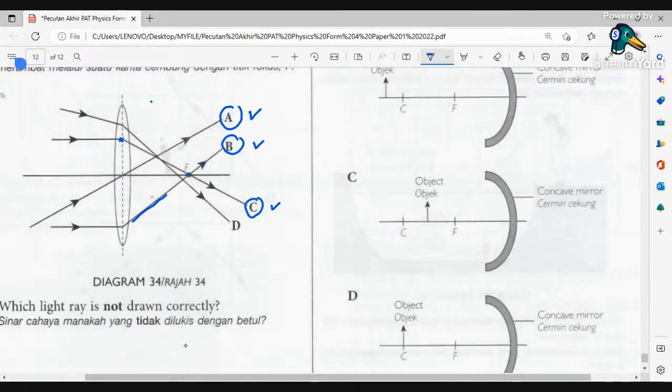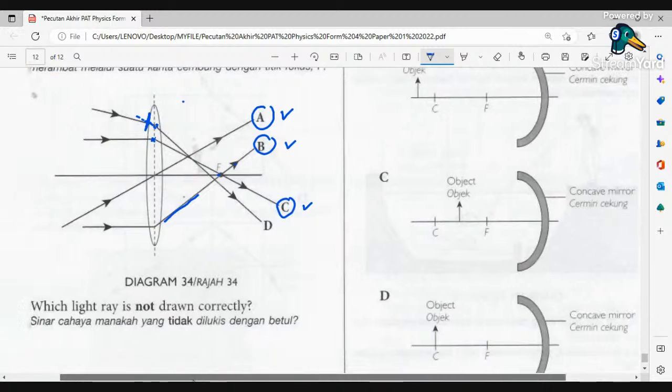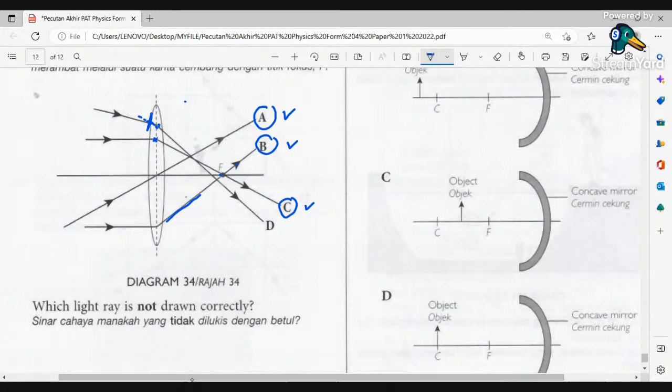Okay, tengok D. D ni dia tak parallel. Okay, adakah dia akan pergi ke sini? Ini sebenarnya kita kena buat sikit normal line. Okay, sepatutnya dia tak pergi sini.